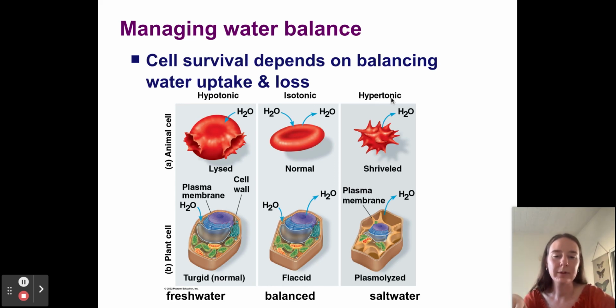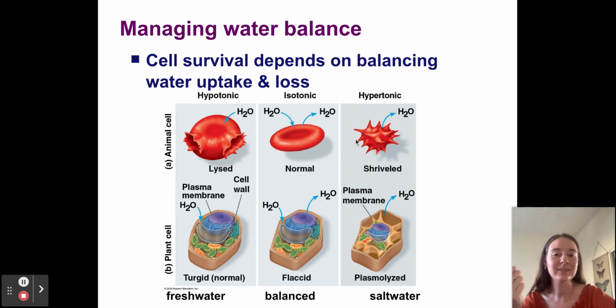And then let's look at a hypertonic solution. Let's say, for example, you put your red blood cell in salt water. What would happen? Too much concentration of solute on the outside. Remember, hypertonic means that there is a higher concentration of solutes on the outside. So let's think, where is there more water? Well, hypertonic means there's a lot of solutes outside.